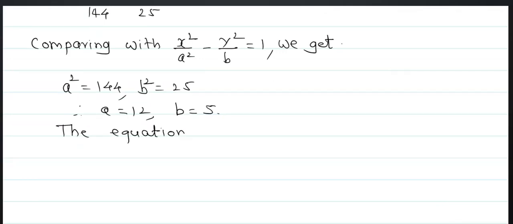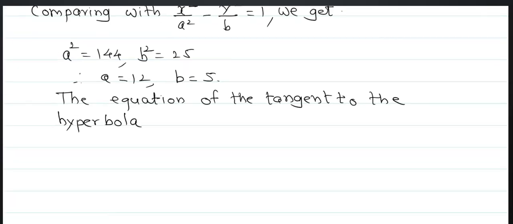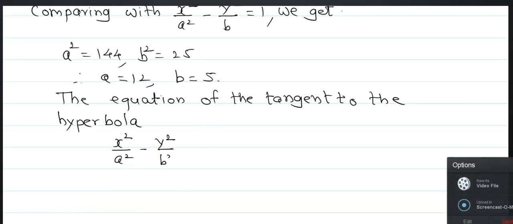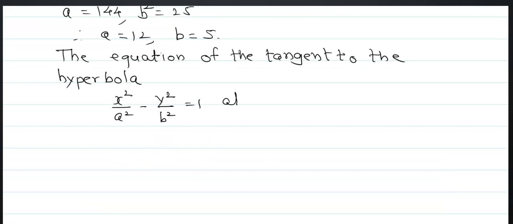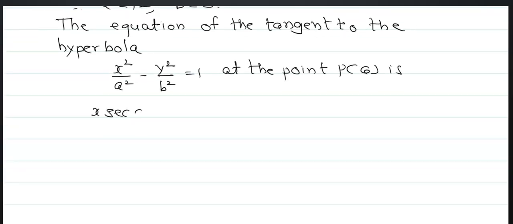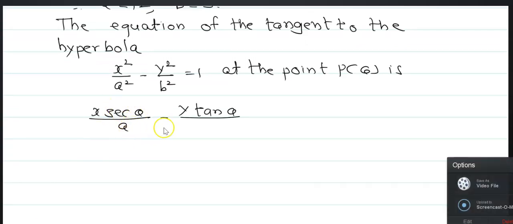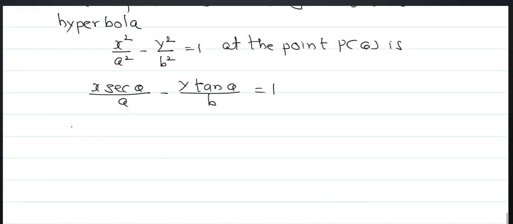Therefore, the equation of the tangent to the hyperbola x square upon a square minus y square upon b square is equal to 1 at the point P theta is x sec theta upon a minus y tan theta upon b is equal to 1.